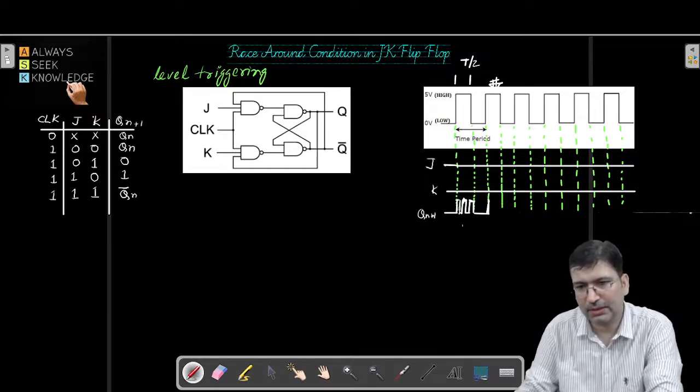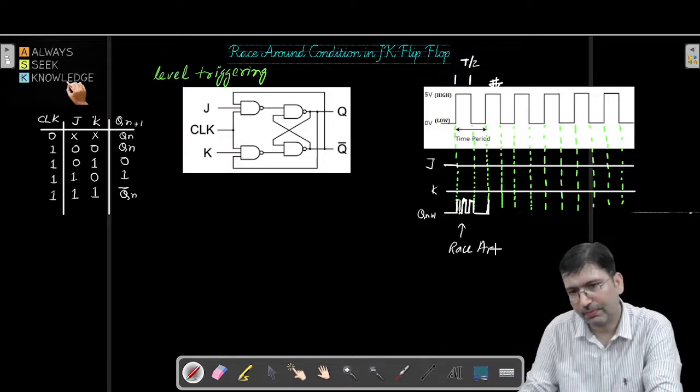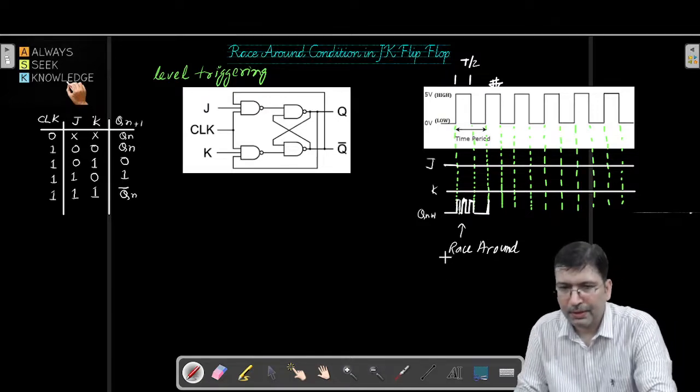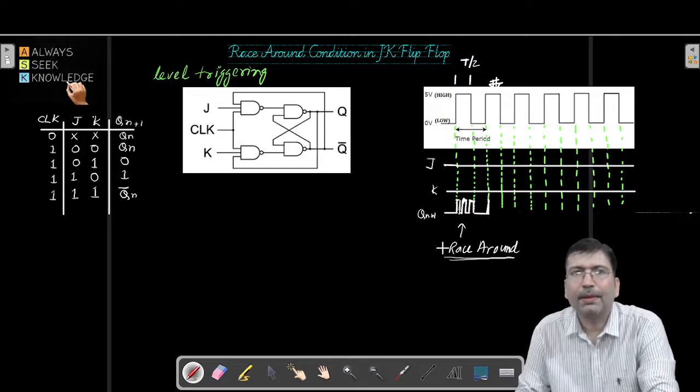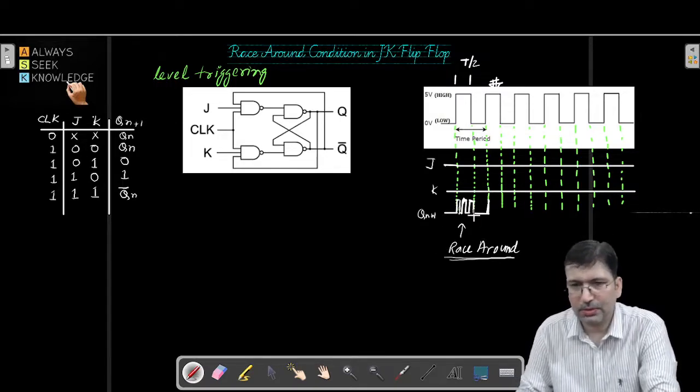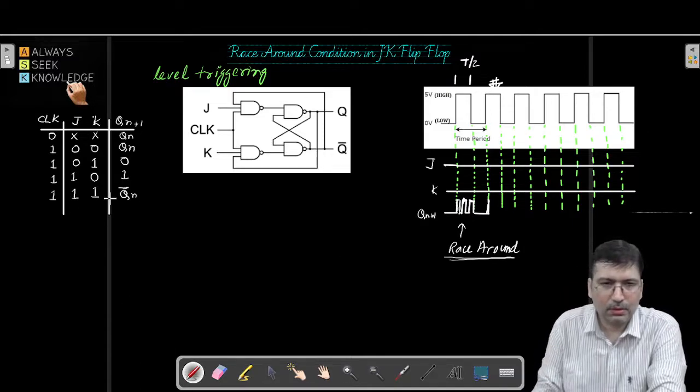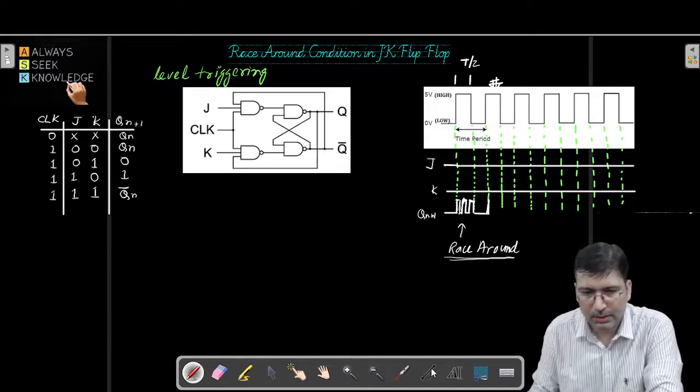So this is a race around. Okay. So this is one of the problems in JK flip-flop. This is undesirable. We don't want such kind of fluctuations. So there are ways we can deal with race around condition.